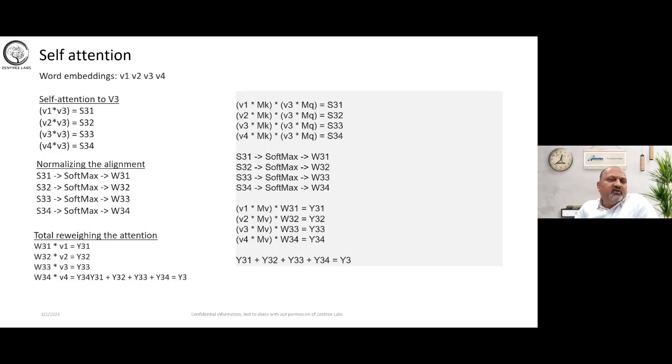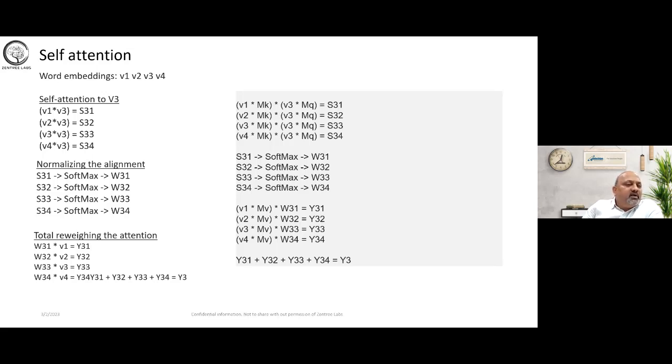To understand the self-attention model, let us say I have V1, V2, V3, V4, which are the sum of word embeddings and the positional information. Here, for the self-attention of V3, when the word sequence V1, V2, V3, V4 is given, we want to find out how much V3 is oriented with respect to the other words in that sequence.